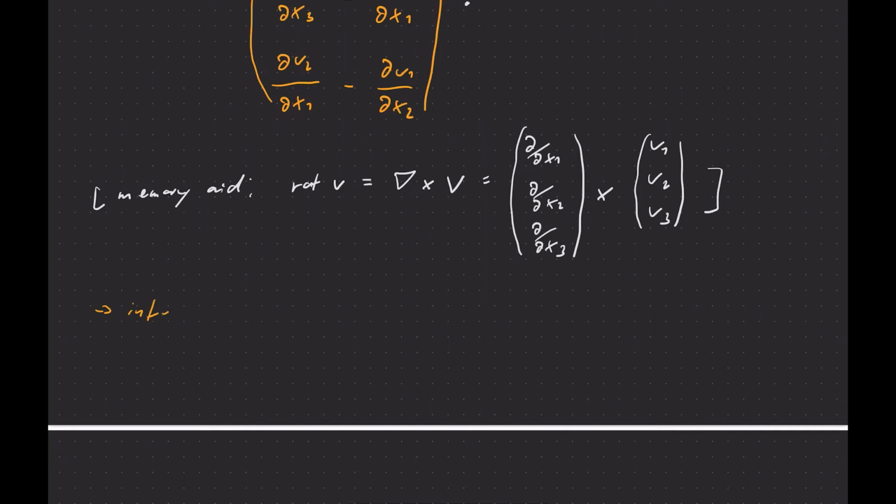So again, a little remark. The integrability conditions for vector fields in R3 can then simply be expressed as the rotation of V is the zero vector. And that's again something that you'll often encounter in practice.